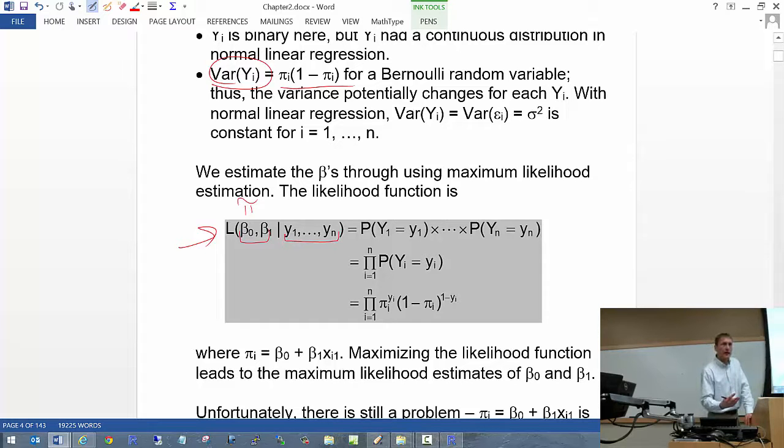So given my data, I want to find what the maximum likelihood estimates for beta 0 and beta 1 are. But the right-hand side of the equality is essentially the same as what we had. We take the product of a whole bunch of Bernoulli distributions, or, in other words, the probability of successes.